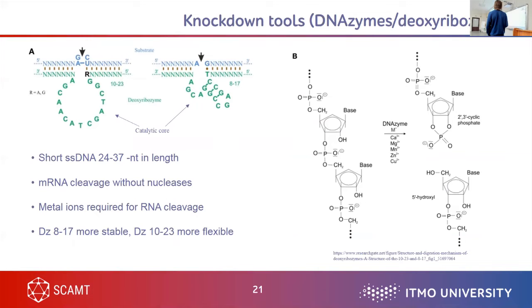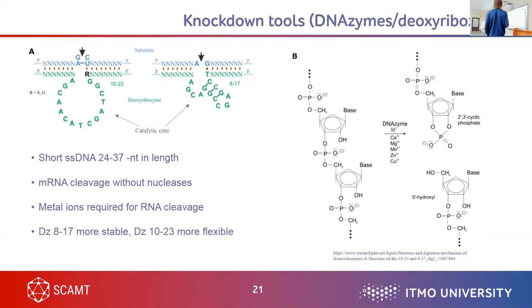They also attach to target mRNA and catalytically cleave it without the help of nucleases or proteins, but they also require metal ions for cleavage. There are two examples of DNAzymes, 10-23 and 8-17. 10-23 is more flexible, 8-17 is more stable. We usually use this variant of deoxyribozyme.